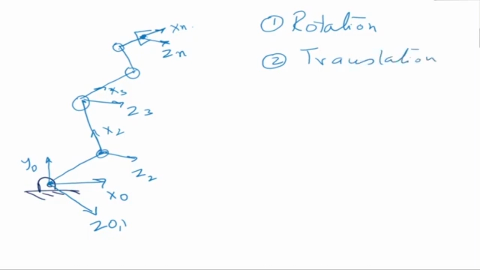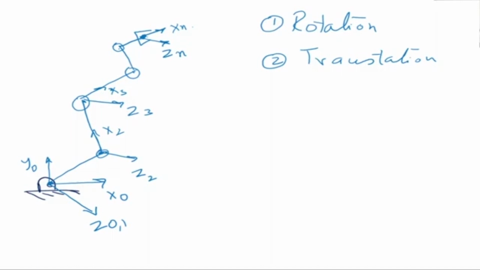So what are the two transformations? A rotation transformation and a translation transformation that take the nth frame with respect to the first frame. Let's look at it like this: initially the two frames are the same, the 0 frame and the nth frame. Then the nth frame is rotated and translated from joint to joint, and it goes to the end.